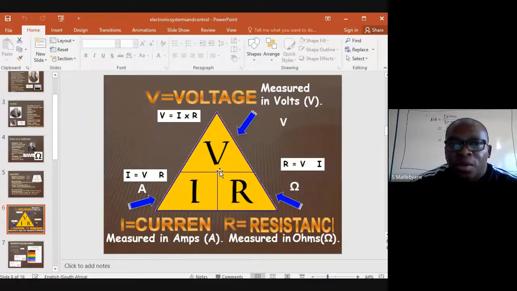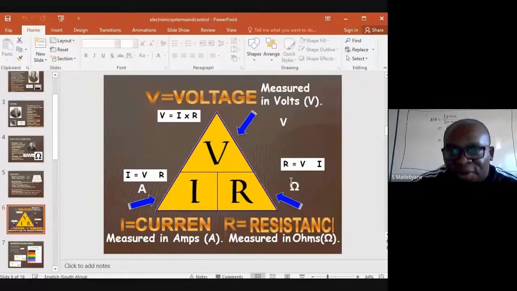Draw the triangle like this, VIR. If you are calculating for voltage, you go to your triangle and block V. When you block V, you are left with I and R. So when you calculate voltage, you multiply current and resistance.